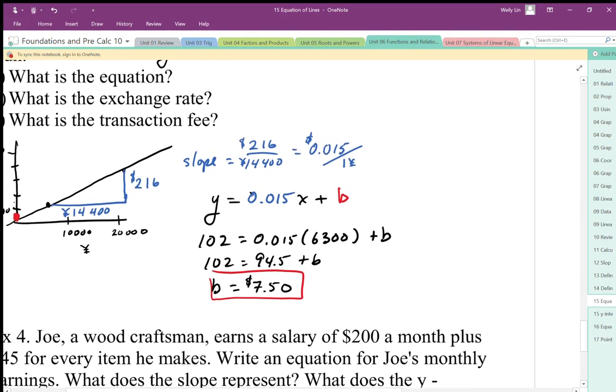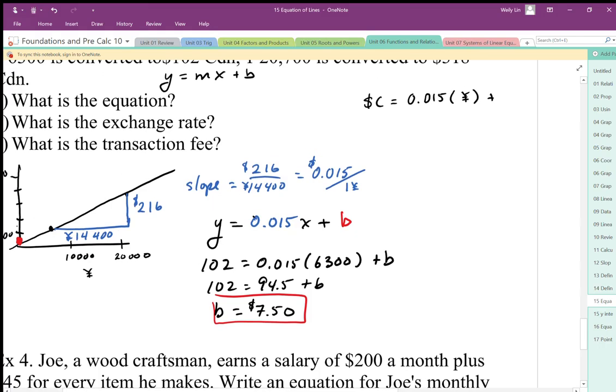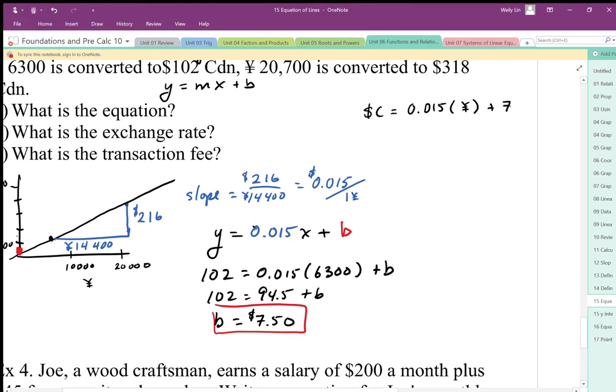So then writing my equation, the dollars Canadian is equal to 0.015 times the number of yen plus a transaction fee of $7.50. So there is my relationship.